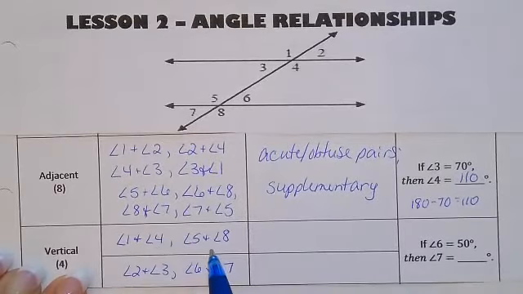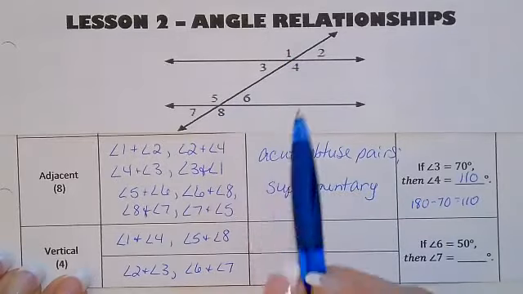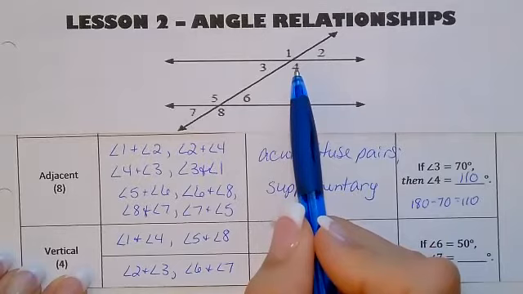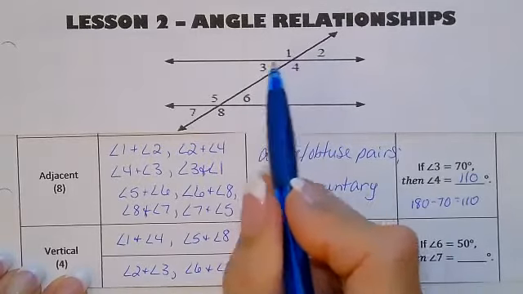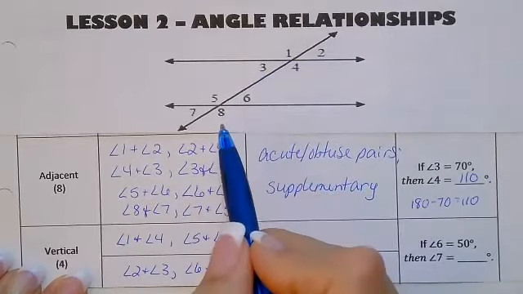So 1 and 4, 5 and 8 are all obtuse angles. 1 and 4 are both obtuse, so that means they're congruent. 2 and 3 are both acute, so they're congruent.